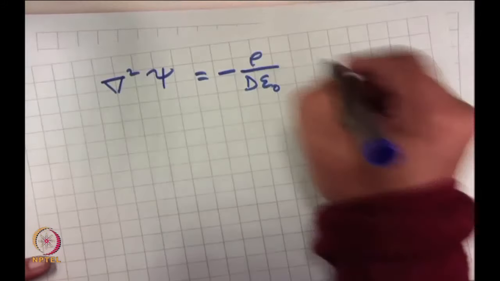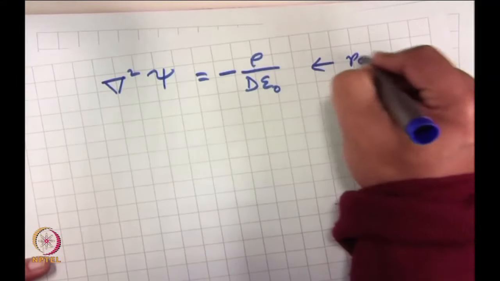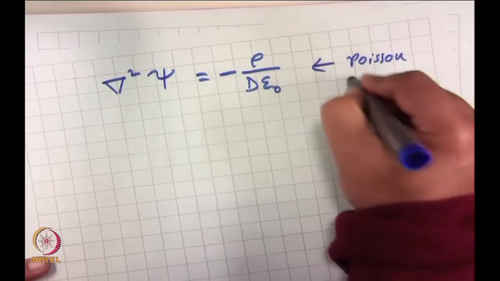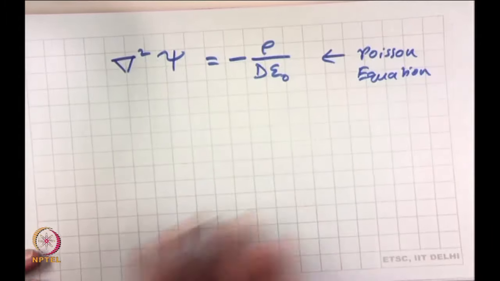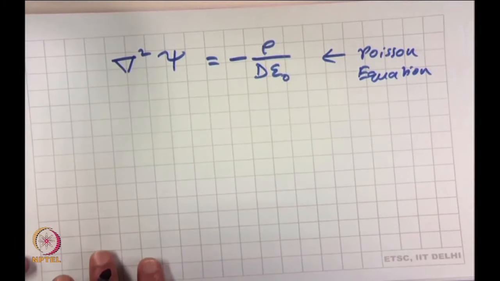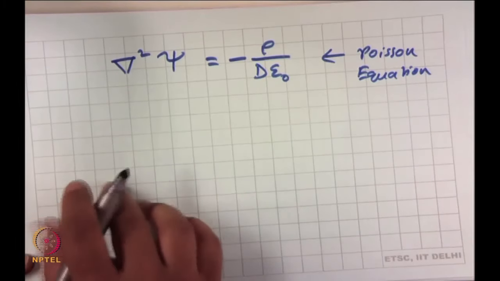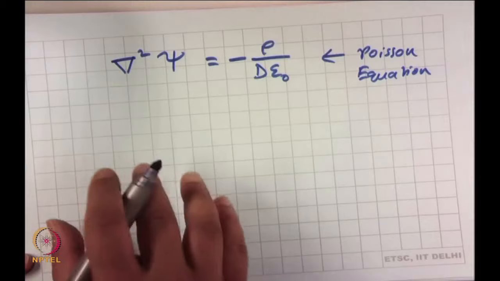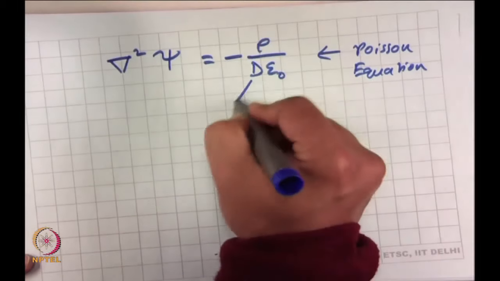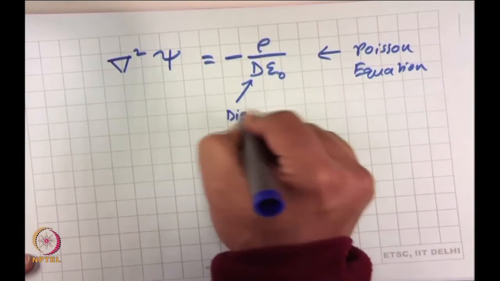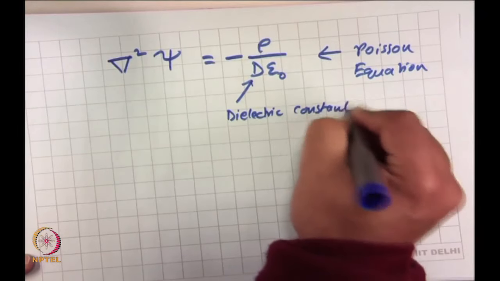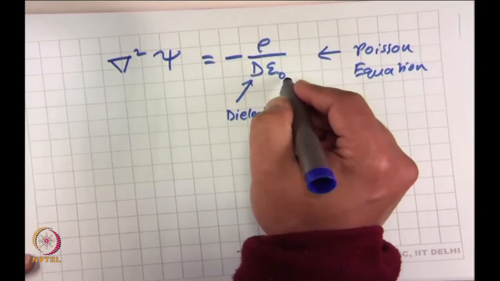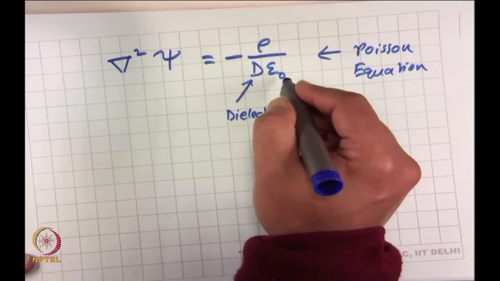This equation is known as the Poisson equation. You know what rho is already, the charge density. D is the dielectric constant. We know from the previous class that epsilon 0 is the permittivity in vacuum.